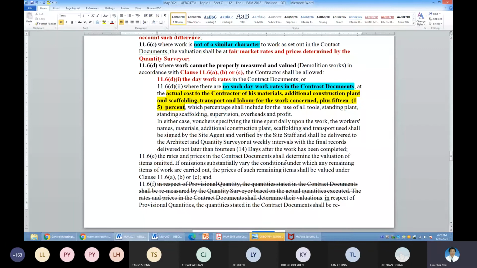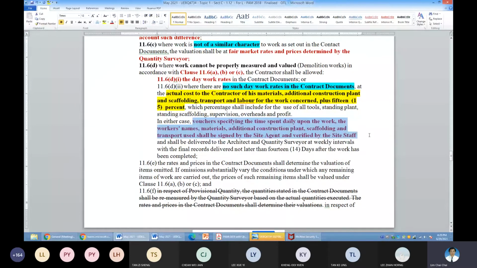Then, in order to evaluate cost plus, a lot of information needs to be provided by the contractor and signed, verified by the site people. These details will be provided and signed by the site agent and the site staff. This is important. As a QS, you can only depend on the documents that are produced and signed by the site staff and the site agent or the representative of the site agent.